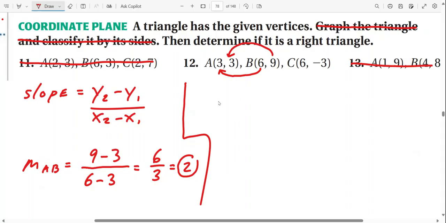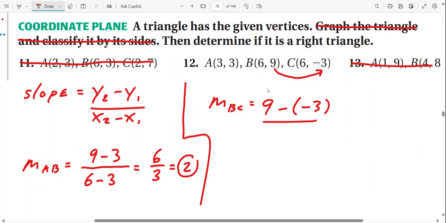Of course, we keep going. Let's find BC. All right, for BC, same thing, right? Subtract the y's. I try to keep it positive. So 9 minus negative 3 on the y's. And then same direction, 6 minus 6 on the x's.